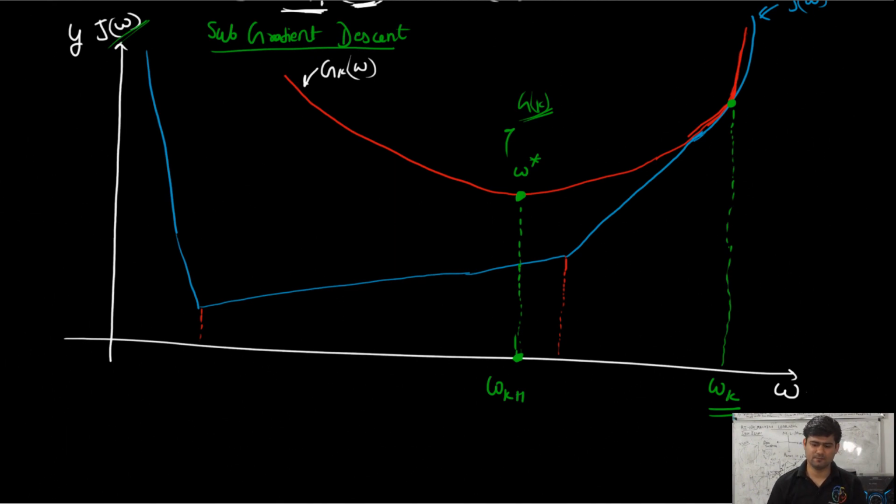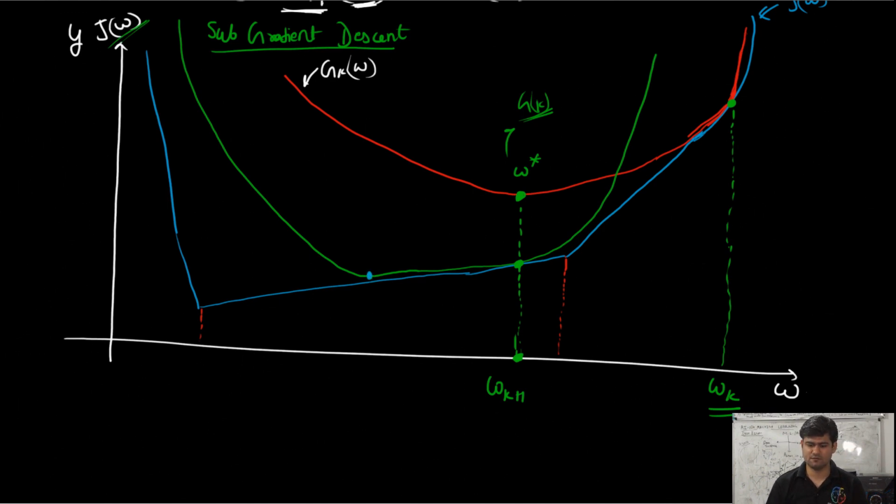So at this point, we'll select another loss function gk plus 1. Let's assume this is what gk plus 1 looks like, and it has its minimum at this point.